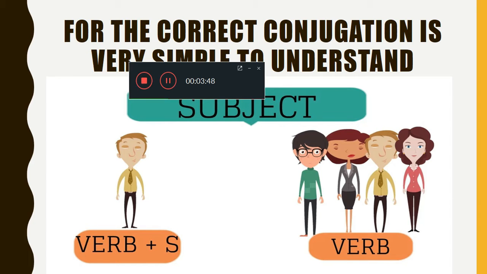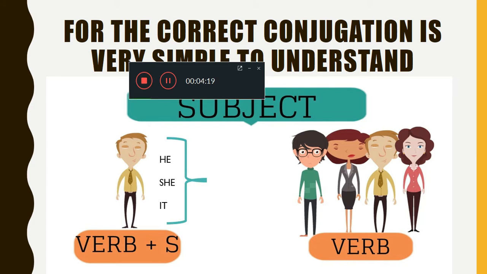If in a sentence we are talking about only one person, we are going to have the verb, and to the verb we are going to add an S. But if we have a lot of people, then in the sentence we are going to write only the base form of the verb.